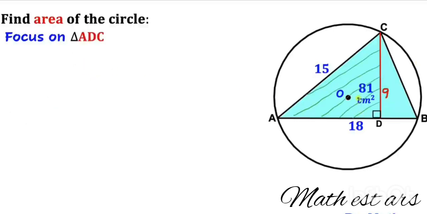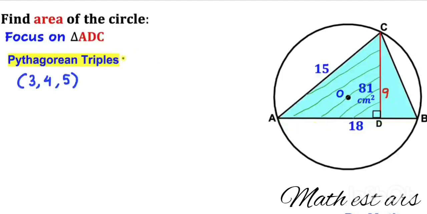And now let's focus on this right triangle ADC, whose side lengths are 9 and this longest leg is 15. And now we are going to calculate this side length AD. And now let's recall the Pythagorean triplets 3, 4 and 5.